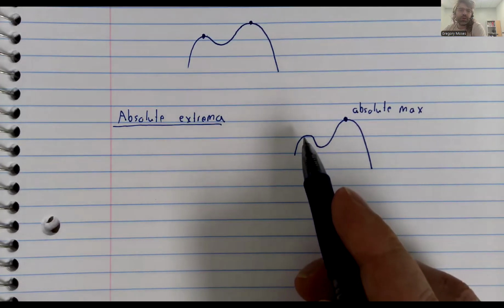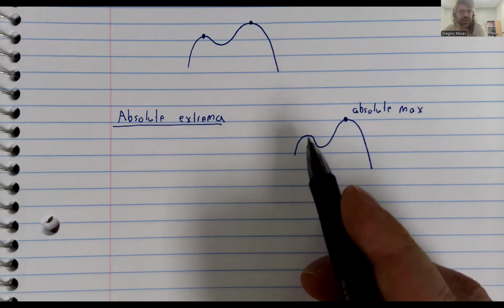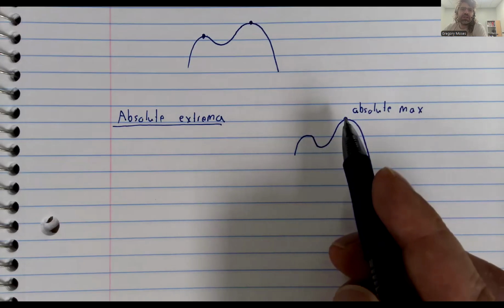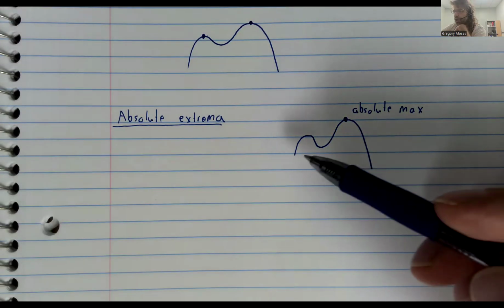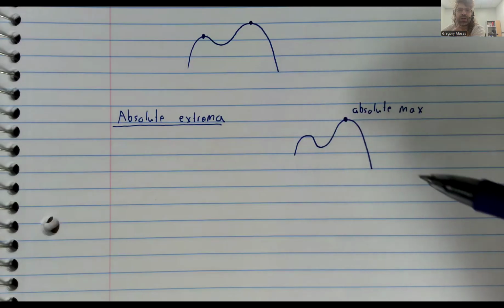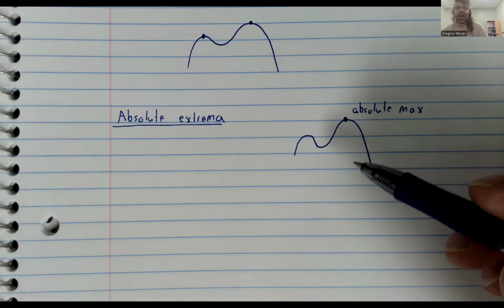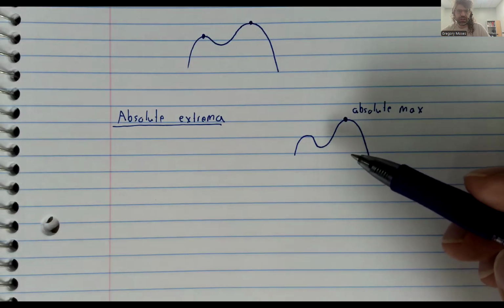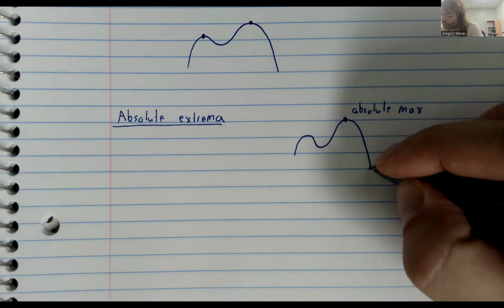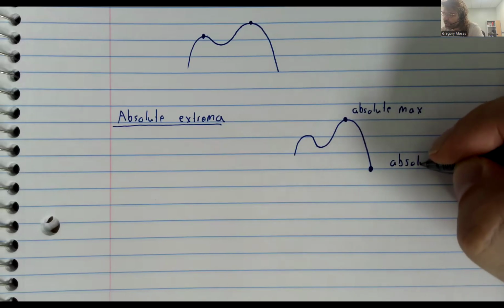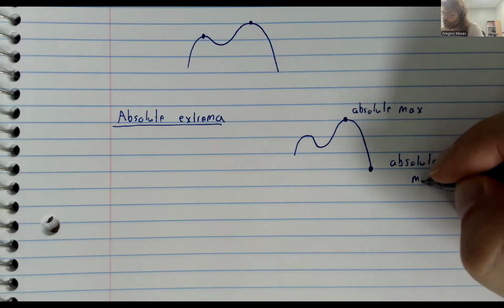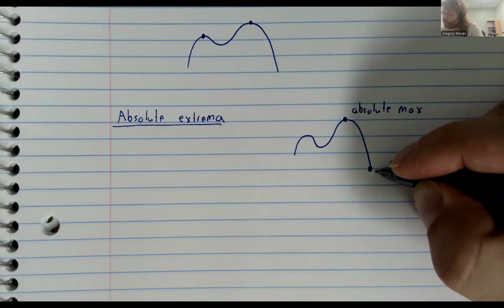And this value over here is not an absolute maximum. It's a local maximum, but it's not absolute because we do get above it. And if we think of the curve that I've drawn, go up, go down, go up, go down, as being the entire function, then there's also an absolute minimum.